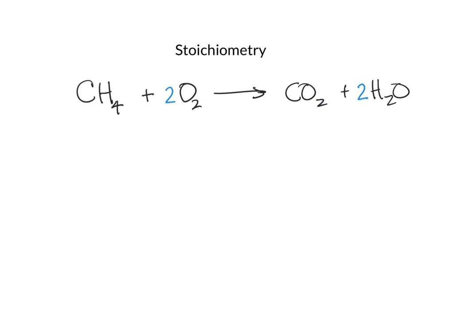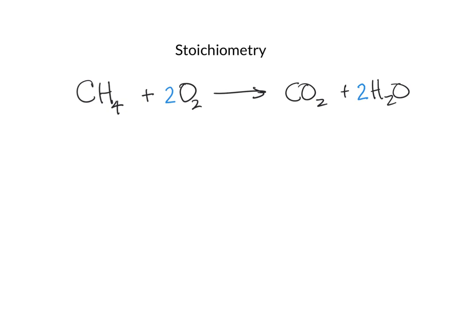So I'm going to need twice as many moles of oxygen, which would mean 0.5 moles of O2. And it is a 1 to 1 ratio of methane to carbon dioxide, so it would produce 0.25 moles of carbon dioxide. And then water, it's a 1 to 2 ratio. So again, I would get 0.5 moles of water.